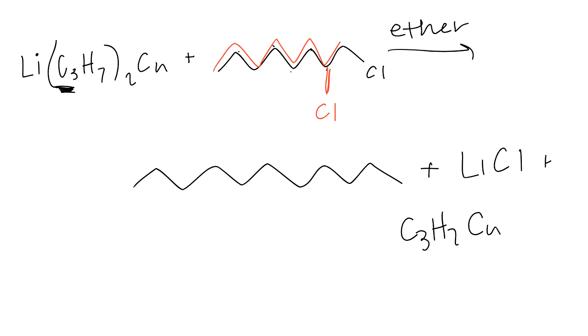So our 8 carbon chain would still stay the same. Oops, I did too many. 1, 2, 3, 4, 5, 6, 7, 8. There we go. And then instead of the chlorine, we would add that propane.